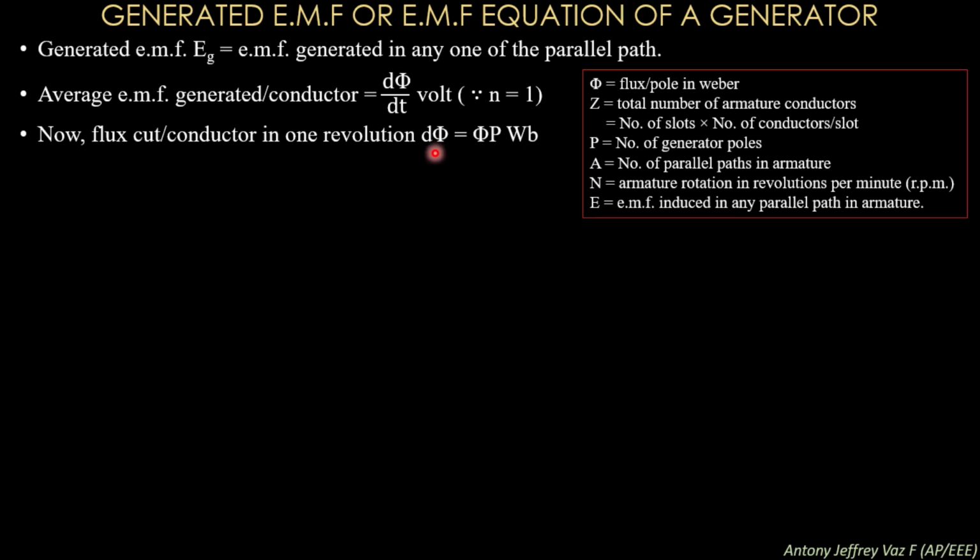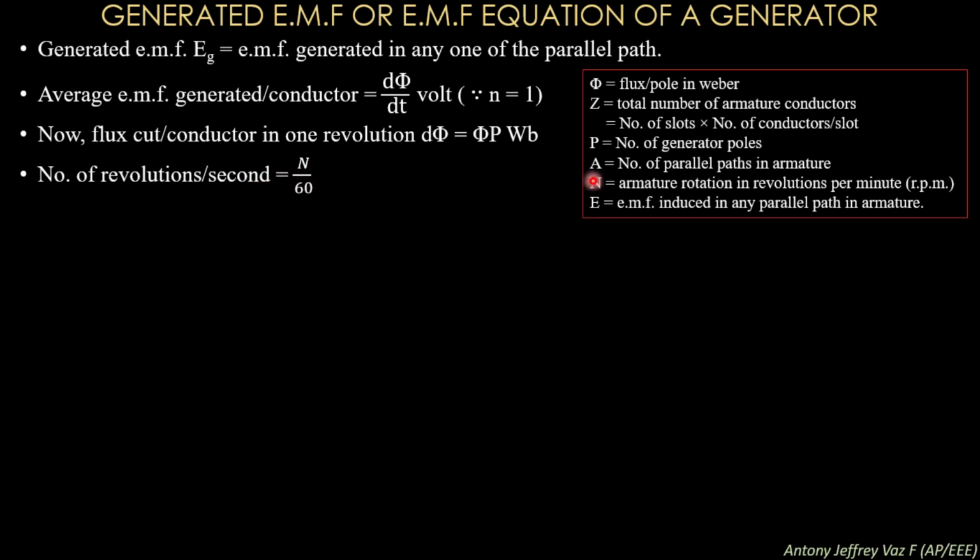Here, φ represents flux and P represents the number of poles present in the generator. The number of revolutions per second is represented by N divided by 60.